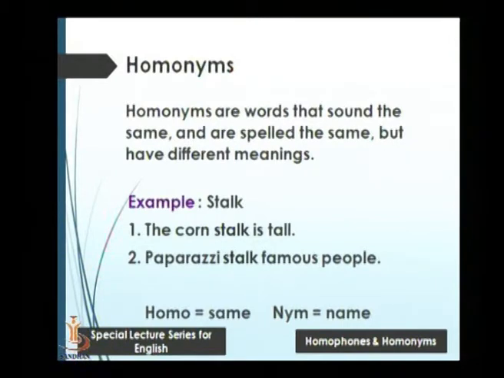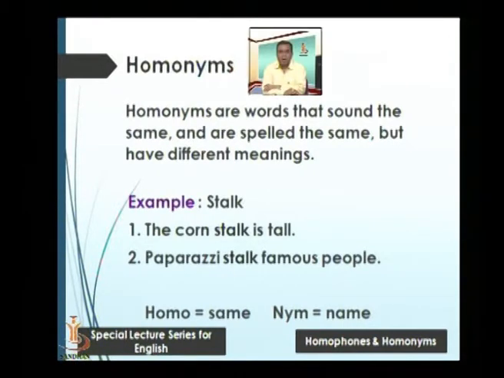Stalk, for example, is the word stalk, S-T-A-L-K. The corn stalk is tall. Paparazzi stalk famous people. This word stalk is being used here in two different contexts. In the first example, corn is a specific kind of grain.